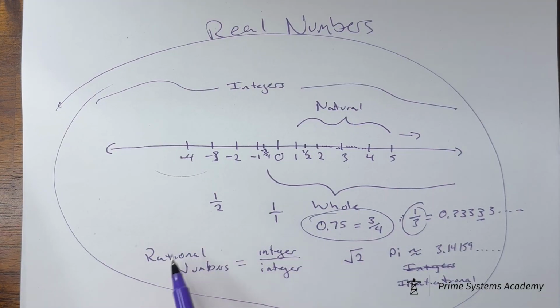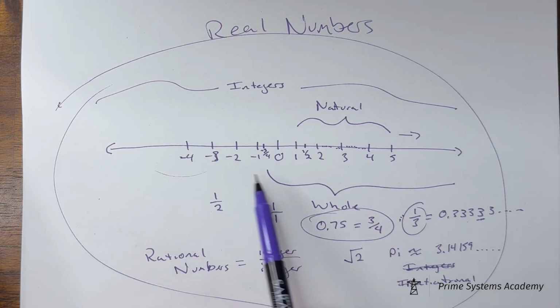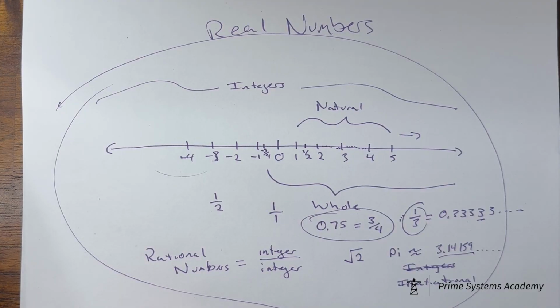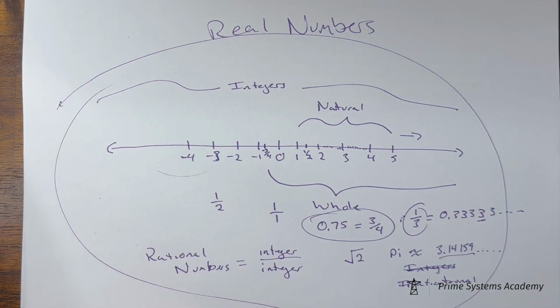And then your rational numbers are going to be any number that can be written as a fraction of two integers, an integer on top of another integer for that fraction. And then finally, you have your irrational numbers, which are numbers that cannot be written as a simple fraction of two integers. And together, all of those make up your real numbers.